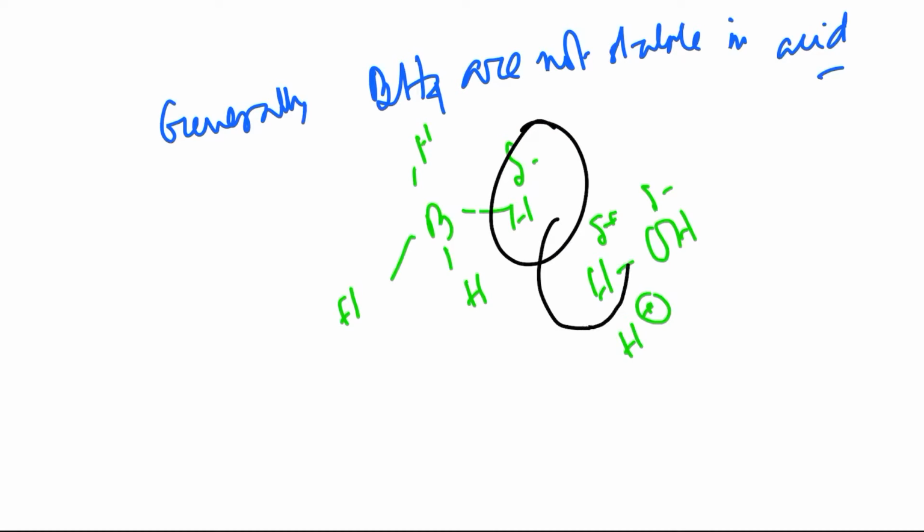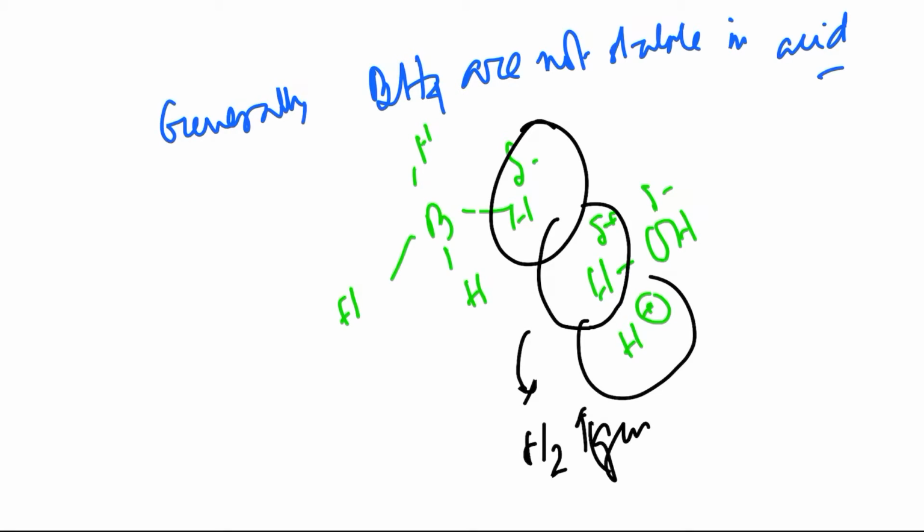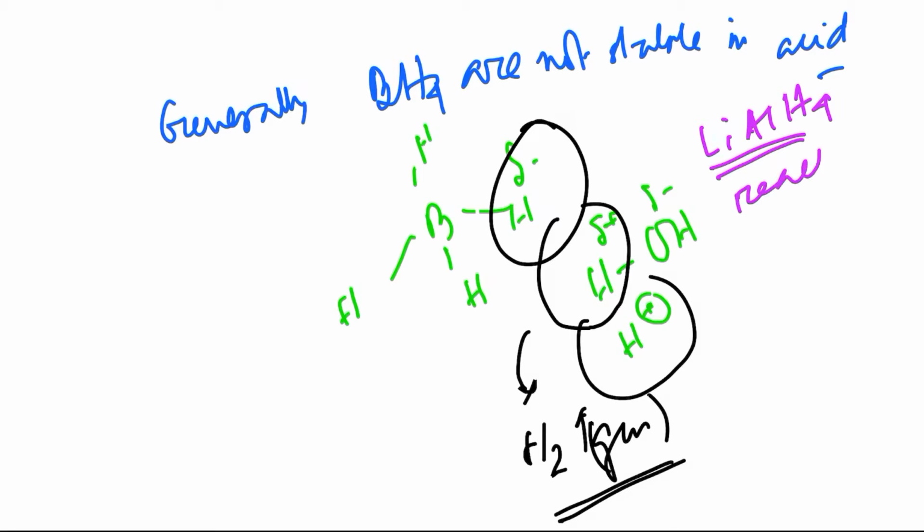This and these react and ultimately can produce hydrogen gas, which will be eliminated from the reaction medium, and in this way the borohydride gets degraded. But remember, borohydrides do not react as strongly or violently with water as lithium aluminum hydride does. Those are very reactive compared to sodium borohydride. Okay, so it is not that.